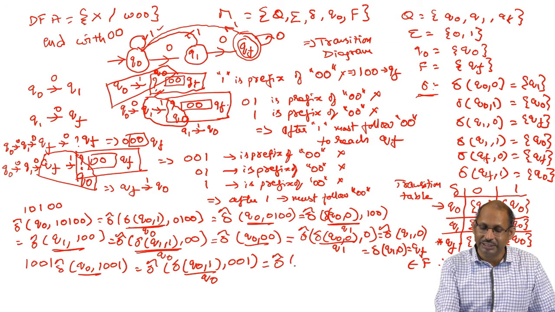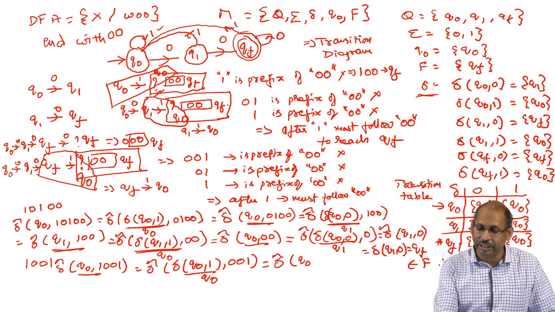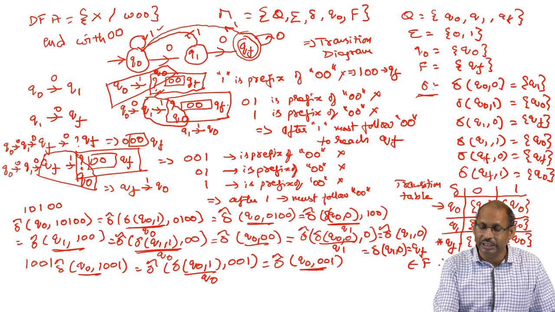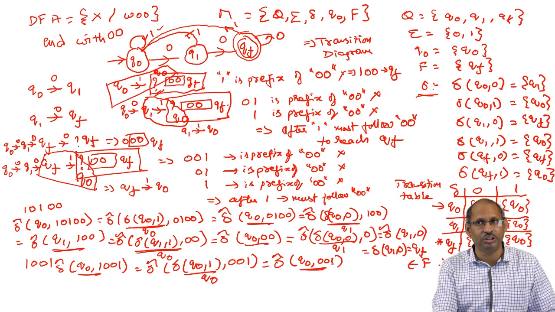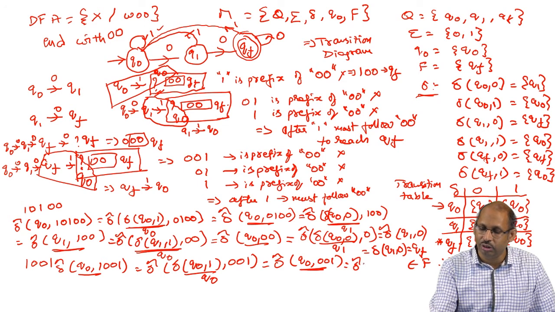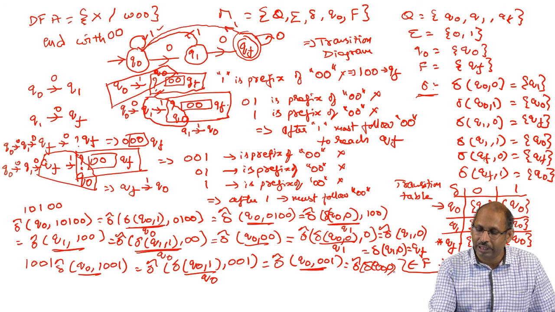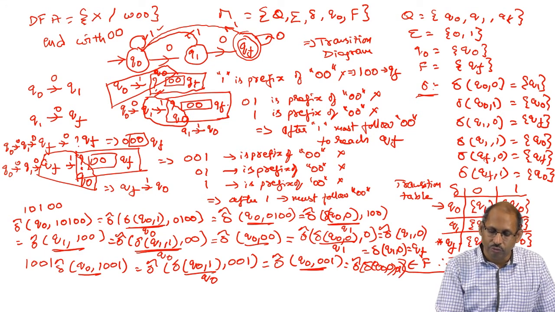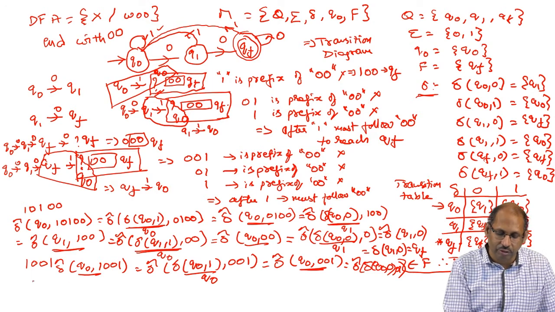So the remaining is Q0, 2 zeros, 1. Now we consider Q0, and the next input symbol is 0. So we consider the transition of Q0 on 0, with remaining symbols 0, 1. Now, what does this give?